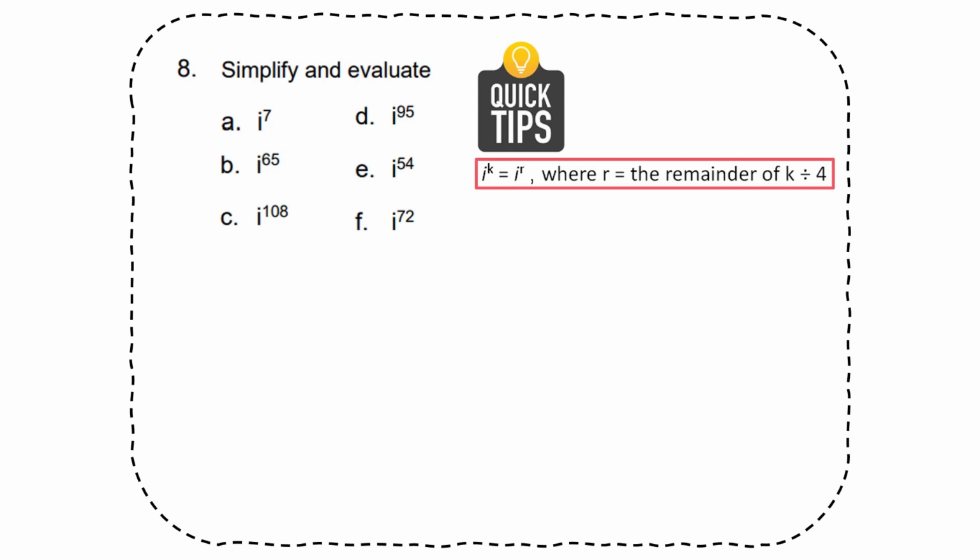So for question 8a, when we divide 7 with 4, we have 1 and here 4, and when we minus, we get 3 as remainder. So the answer will be i to the power of 7 equal i to the power of 3, and the answer is -1.